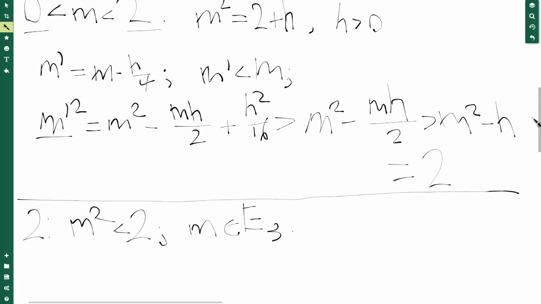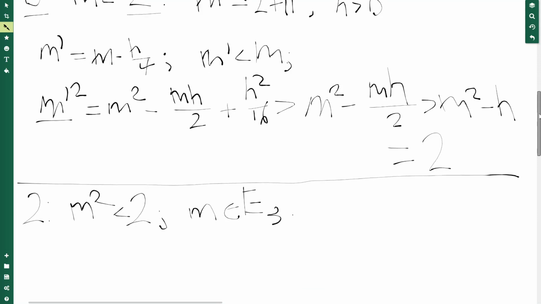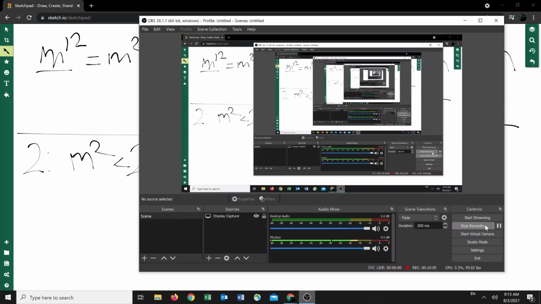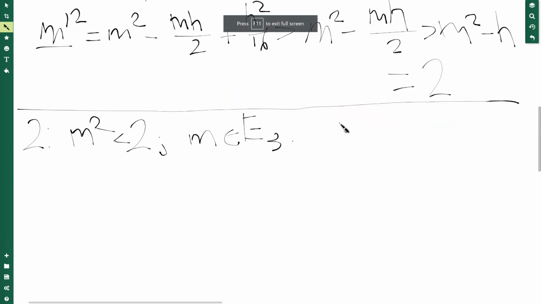Essentially, we want to find some kind of, how should we word this? Okay, I got a bit confused here.